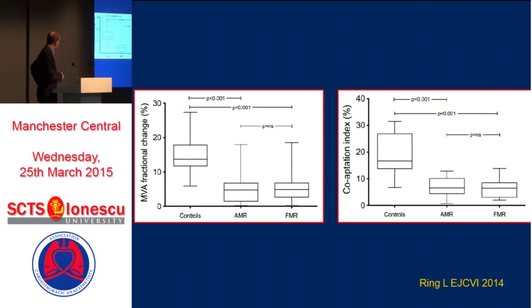So this is type 1 mitral regurgitation with normal left ventricle and normal mitral leaflet motion, and functional mitral regurgitation with a remodeled ventricle and tethering of the leaflets. The impact on the annular motion is the same. Similarly, coaptation index, so roughly the percentage of the area of the leaflets that actually coapt with each other, is again much higher in normals than in either of these two groups of mitral regurgitation.